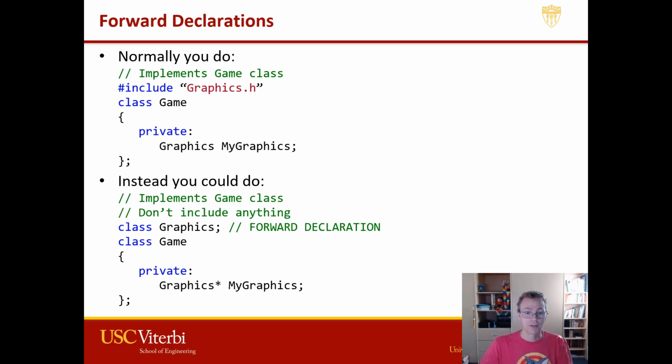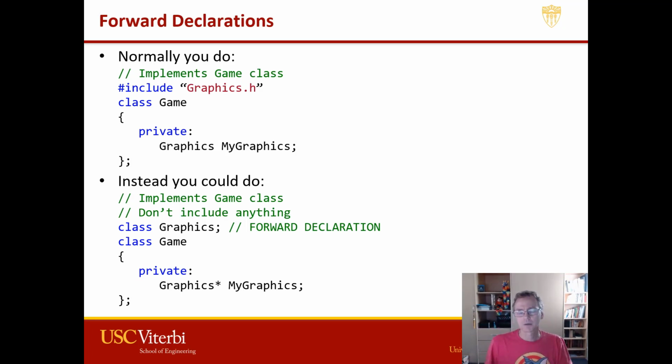The downside is now you've got a pointer where you didn't used to have a pointer. You used to just have a data member. If you want to keep a data member, you have to include the other file. If you're okay with doing a pointer, then you can do the forward declaration. Now, do you have to do the forward declaration?